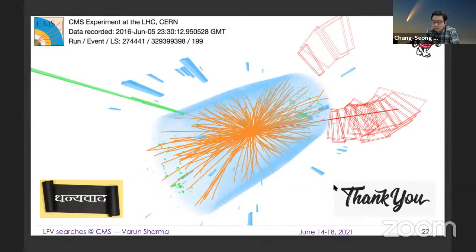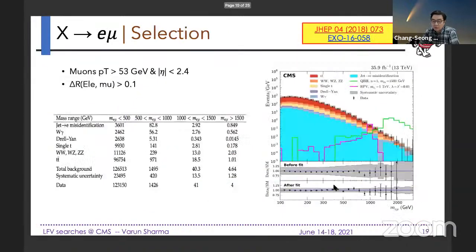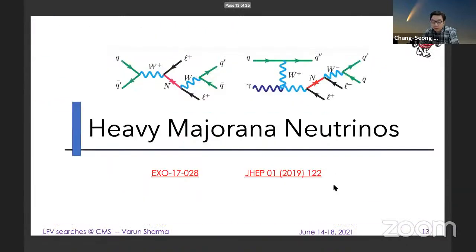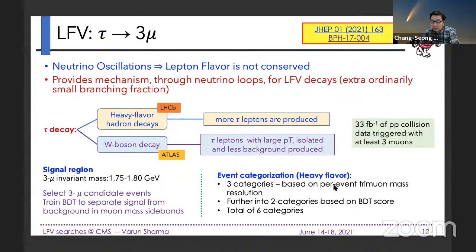So, for the tau to 3 muon analysis, do you know what the exact trigger threshold is? I think the trigger is an essential component for this analysis. Sorry, the trigger threshold? Yeah, I mean, you require 3 muons.